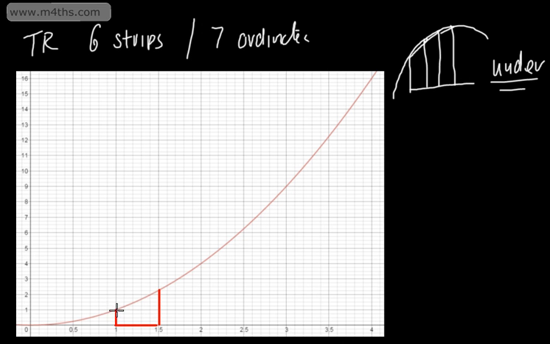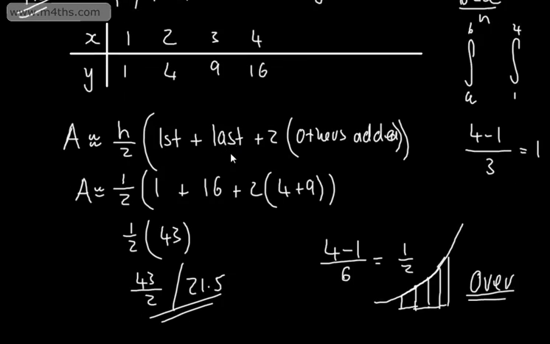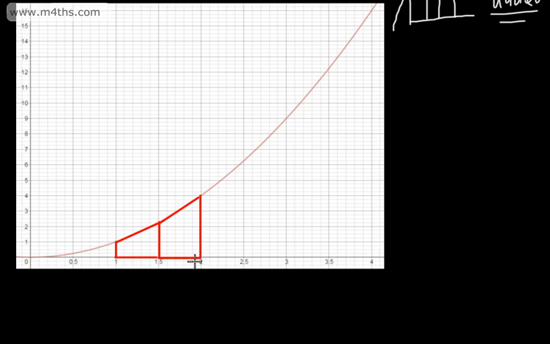So you can see now that straight away this is going to give me a better estimate as it's closer to the curvature of the curve. So that is going from there to there, and that is going up there. Compared to this one, where we've got this gap here, by increasing the number of strips, we're increasing the accuracy.